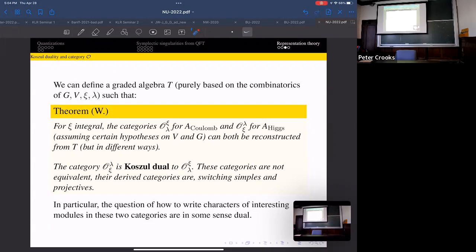And you get the somewhat singular blocks of category O of the Coulomb branch there. It's Koszul dual to category O of the Higgs branch for that quiver variety. And that's not at all like a singular category O.